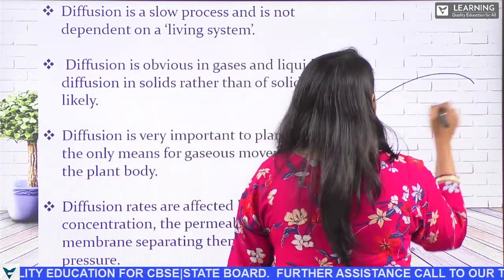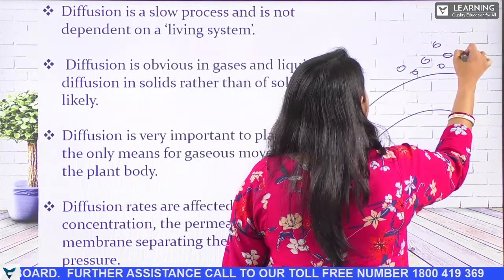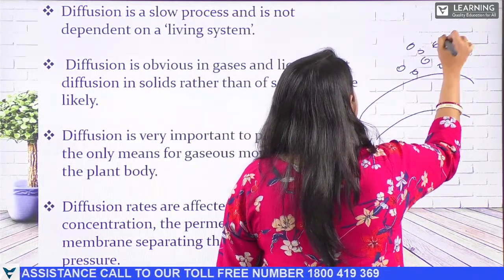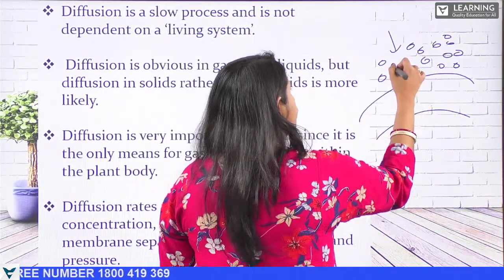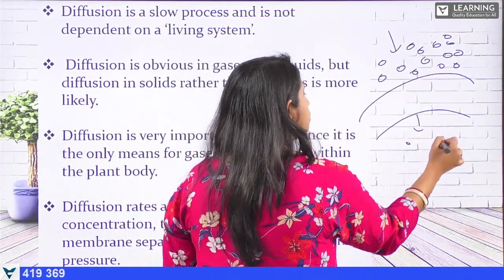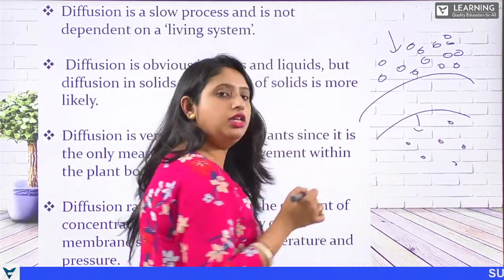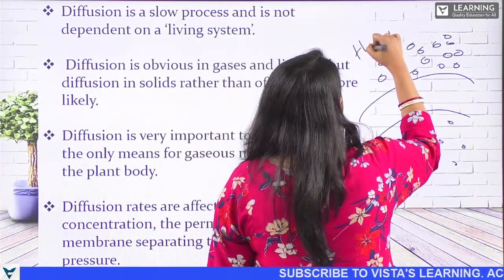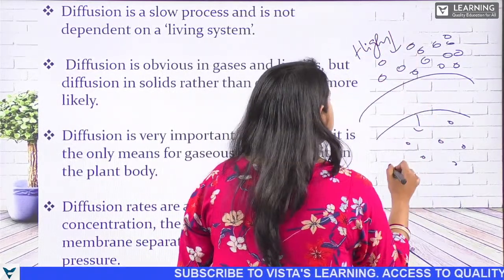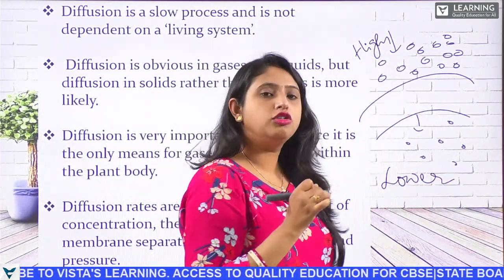So, if this is a plasma membrane, here there are various molecules in the intracellular space. These molecules will move from higher concentration to lower concentration, where there are fewer molecules. Clear? So the molecules will easily diffuse from the region of higher concentration to the lower concentration in case of diffusion.